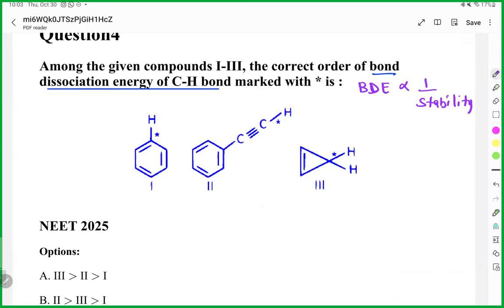Out of these compounds, you know resonance is highly stable. So bond dissociation energy will be less. Correct? Make sense?